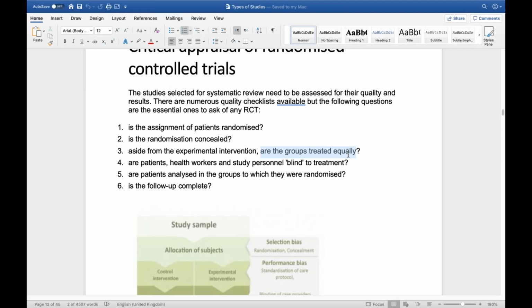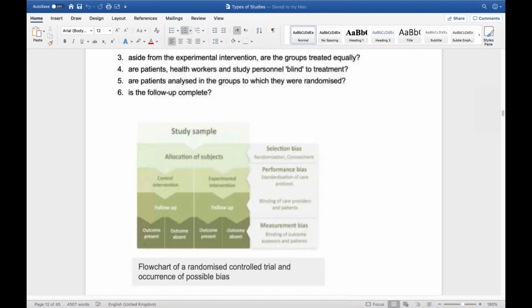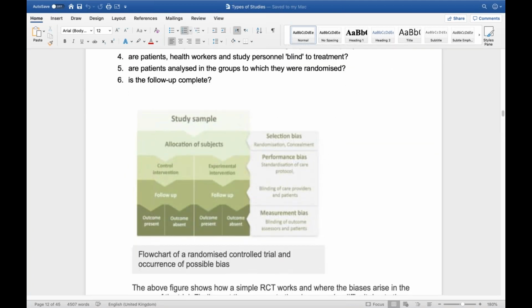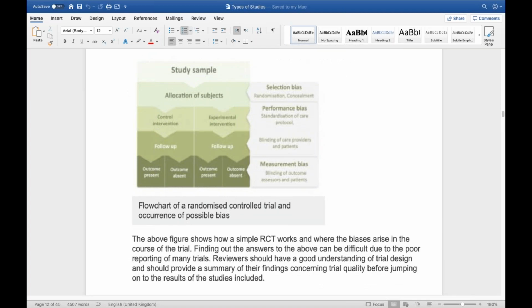And you need to make sure that the groups are treated equally, and that's why we blind people: we blind the patient, we blind the health worker, and the patients are analyzed in the group they were randomized to, and the follow-up and these things. It's just the same thing we spoke about, really. There is nothing we haven't discussed.